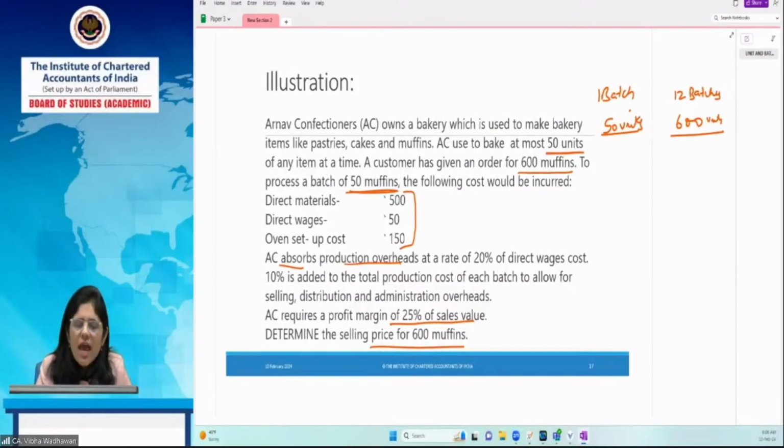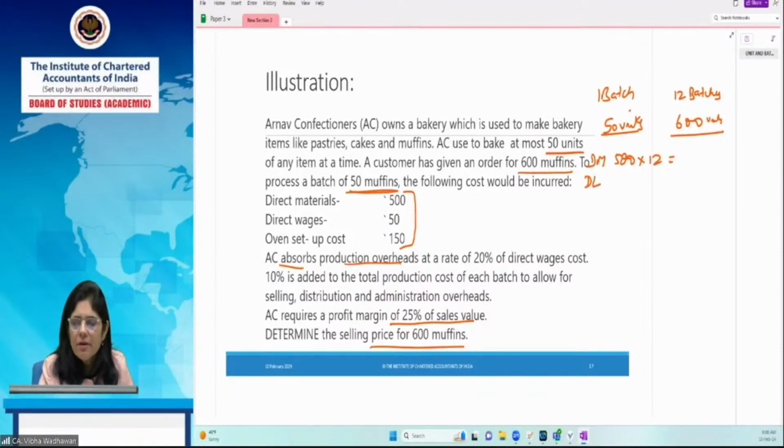So we have the costing per batch of 50 units. But we require the total for 600. That means for 12 batches we have to calculate on the basis of one batch cost. So direct material for one batch of 50 is 500. Multiply by 12 batches. You will get the value for 600.